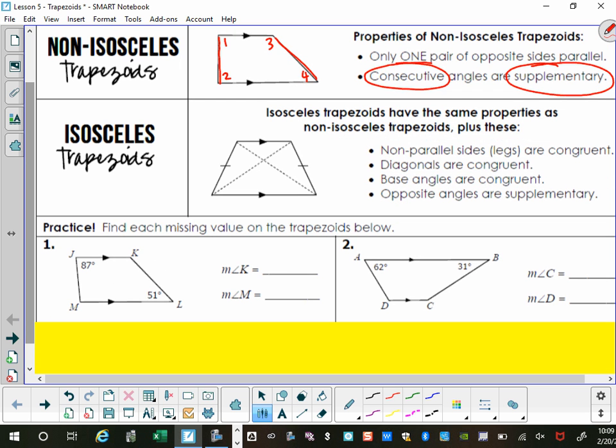Then we have isosceles trapezoids. So this is isosceles because I have congruent sides. This is a base, and this is a base. These are your legs.